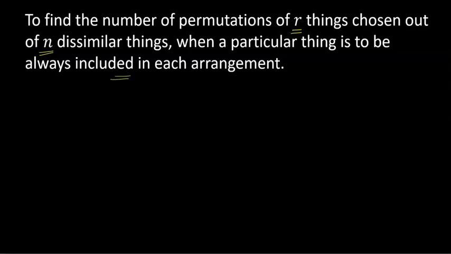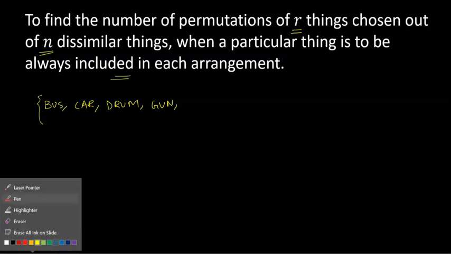Let's understand through an example. Let us suppose a kid has certain toys with him. He has a bus toy, a toy car, and let's say a drum, and another toy which is a gun, and another toy, which I'm going to write in a different color with a purpose.